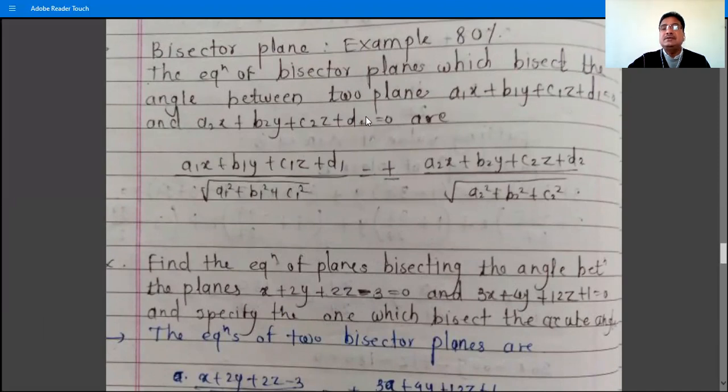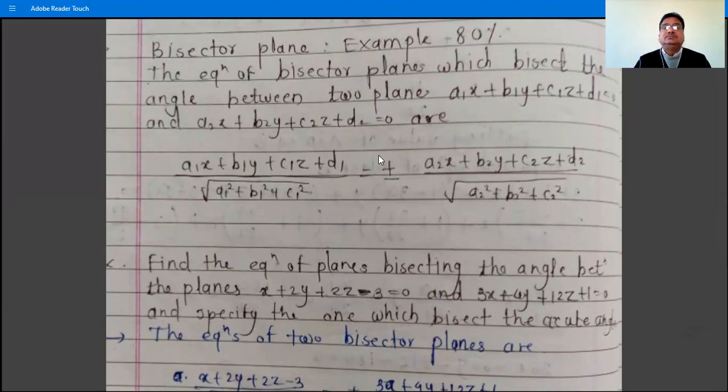When two planes intersect, we have two angles, an acute angle and an obtuse angle. One of the two planes bisects the acute angle and the other bisects the obtuse angle.